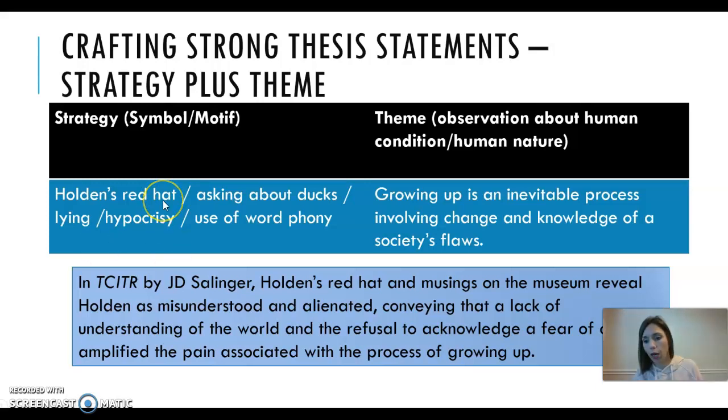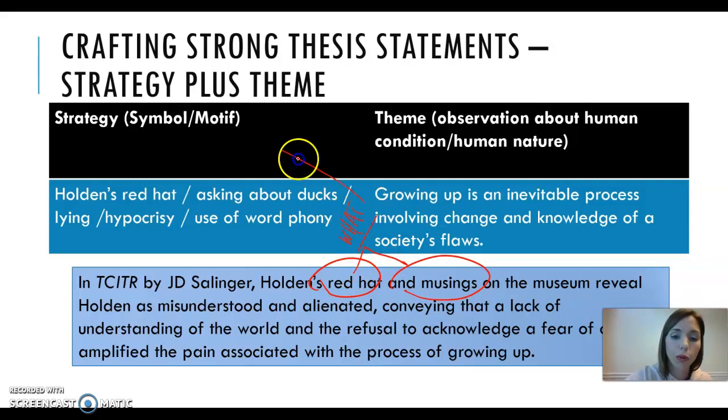I'm not sure if I can write with my pen. Let's see. I can. These are the patterns. This is the what. What is in the book, right? What strategies does the author use to convey theme? And so what do they do?